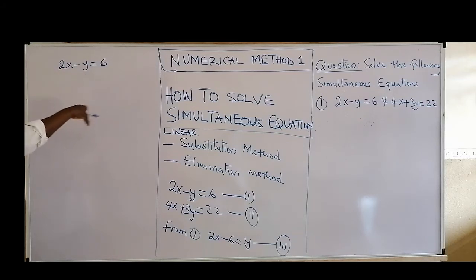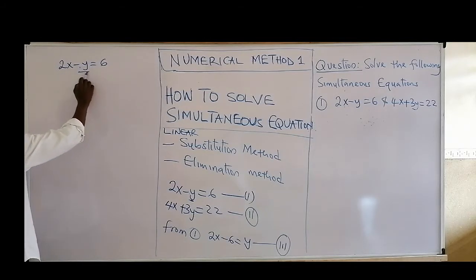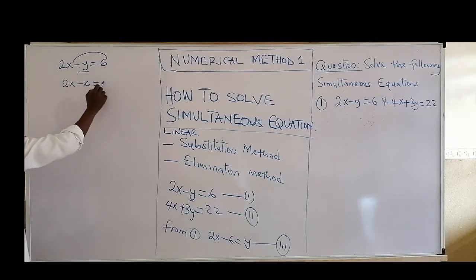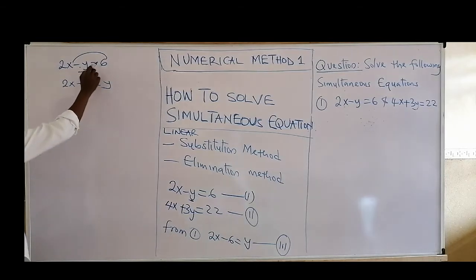So move this minus y to the other side, and move this 6 to the other place, and that will be 2x minus 6 equal to y. When you move it to the left-hand side, it becomes negative, and this one is minus; when you go to the other side, it becomes positive. So that is equation 3.